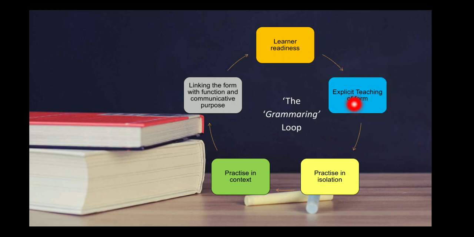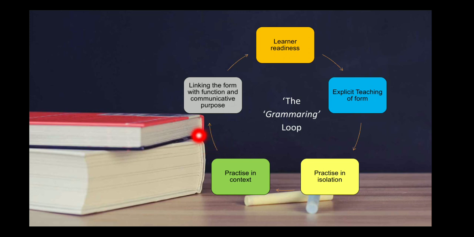So you explicitly teach the form, and then you provide practice first in isolation, so that it is guided, it is supervised, and then you provide practice in context, so that the children can see how that piece of language fits into the big picture in the context.